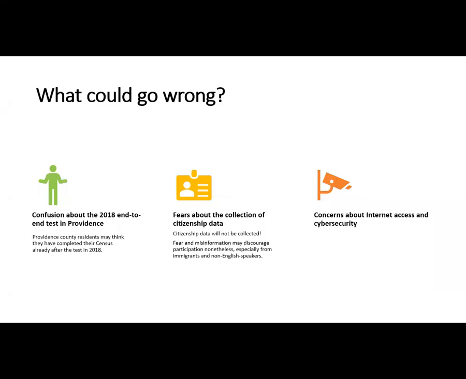The census has been diligently testing their systems. They have presented a lot of confidence that the data will be safe, it will be encrypted, and that it is safe to fill your form out online.